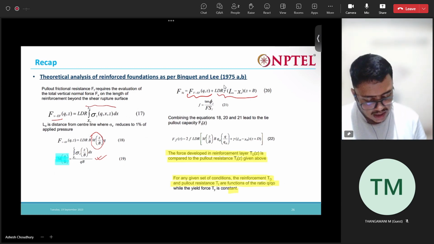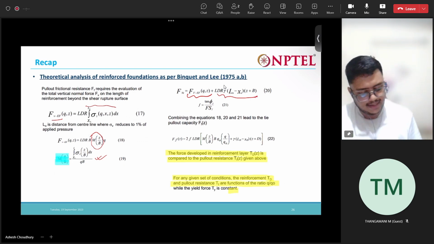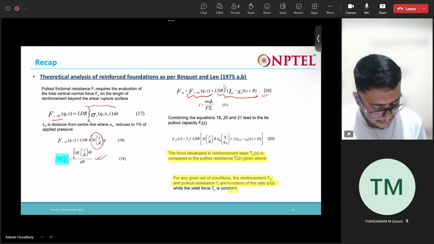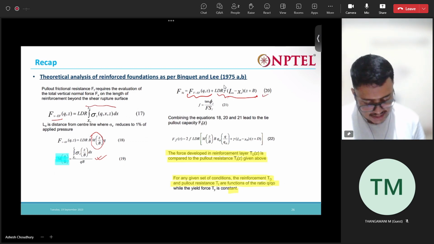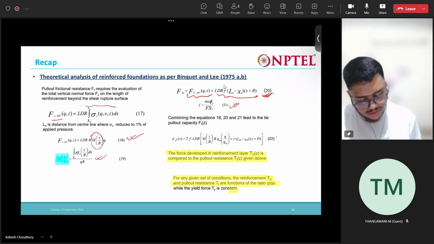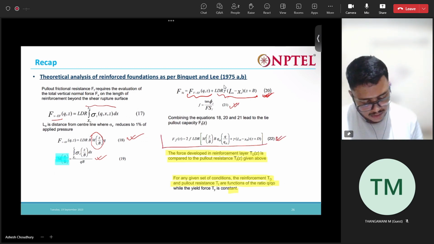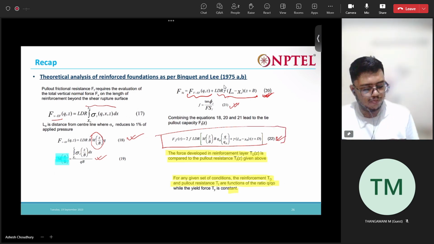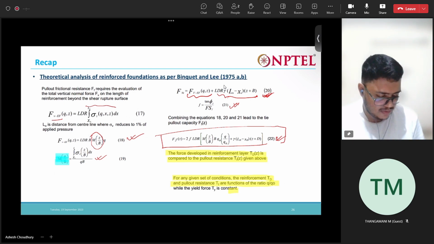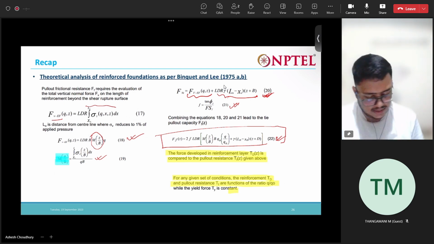This is actually coming from integrating; by integrating this equation, we are getting this equation. And now if we combine equation 18, this equation and this equation, finally we can get equation 22, which is the important equation for the pull out force that is acting.